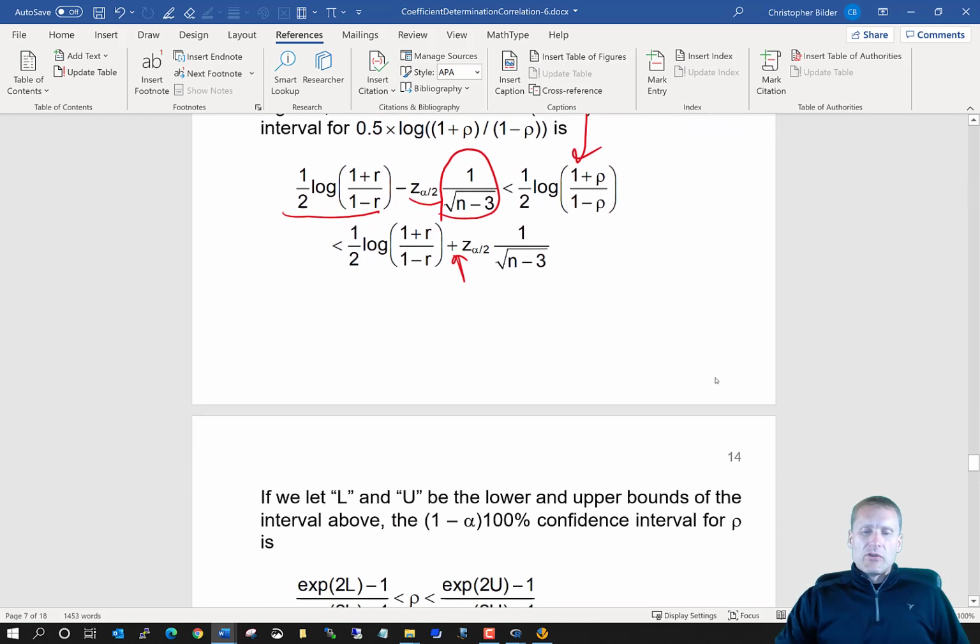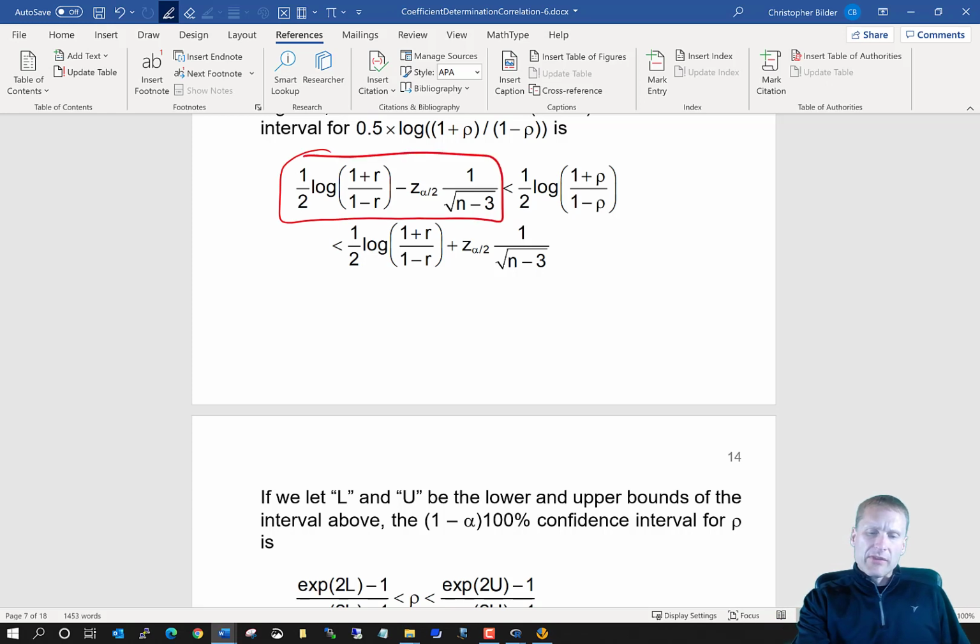Because in the end we want an actual confidence interval for rho, we don't care about this transformation. This transformation just helps make this standard normal distribution work out well. So let's call the left side L for lower bound and the right side U for upper bound.